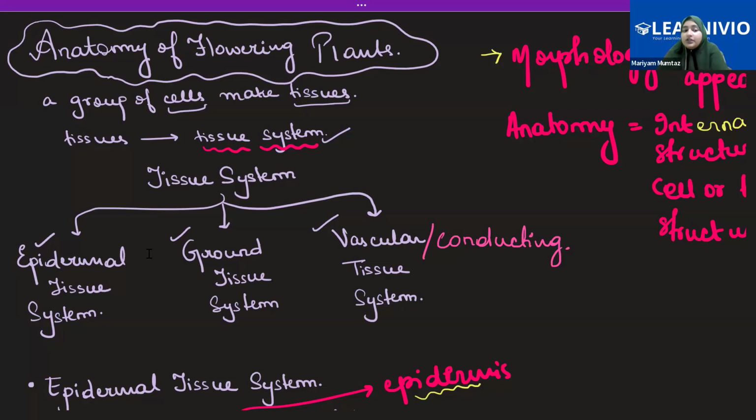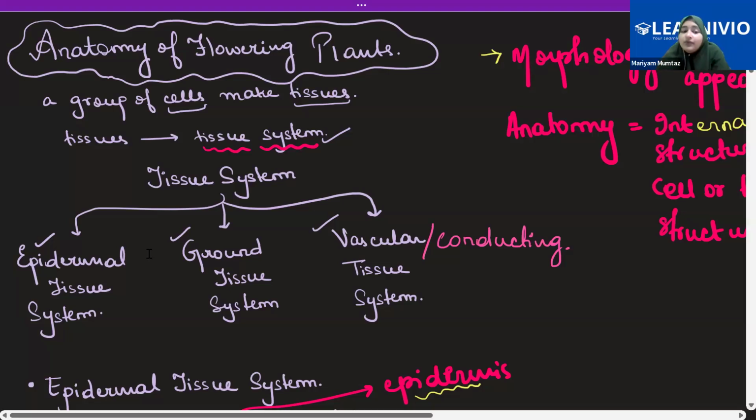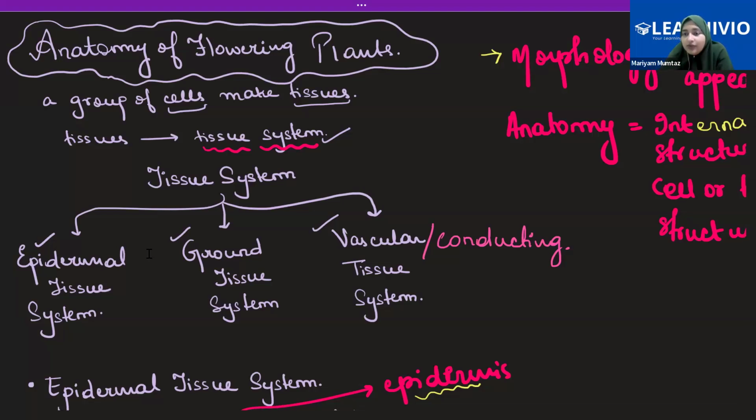So epidermal tissue system tells you about the layers of tissues or cells that are going to be found from the outside to the inside. That is what we're concerned with in the epidermal tissue system. Second, we have the ground tissue system. Now, ground tissue, if you see, it's like the main tissue, the bulk tissue that the plant is made up of.